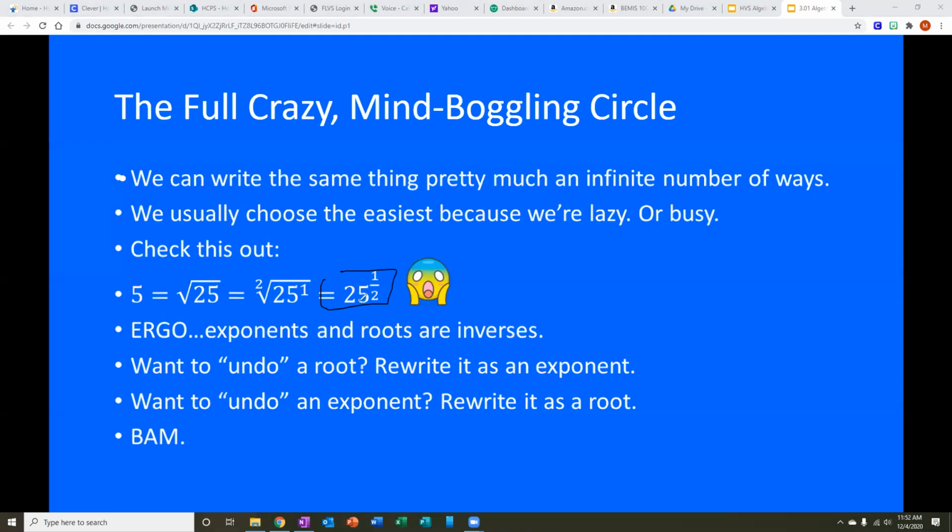And so now we can prove that exponents and roots are inverses, because since we have this fractional rational exponent that is the square root of something, if I want to undo or not have this rational exponent, I simply write it as a square root, and then it's not there anymore. I mean, it means the same thing, but I'm not writing it.